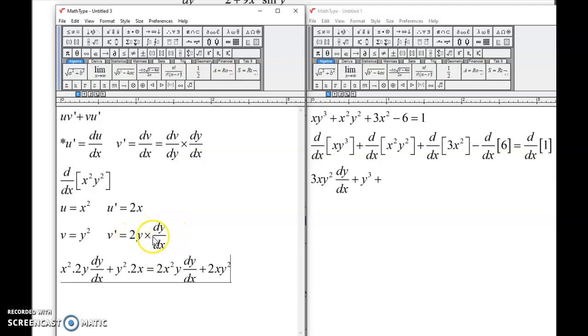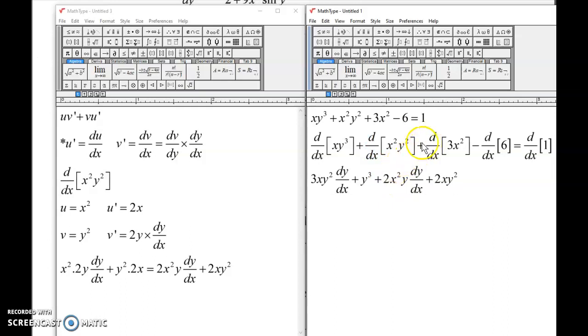So 2y times dy over dx, and we input it in this formula, u v prime: x squared times 2y dy over dx, plus v u prime: y squared times 2x. So tidy up a bit, and this is what you get. So let's input it in our equation.